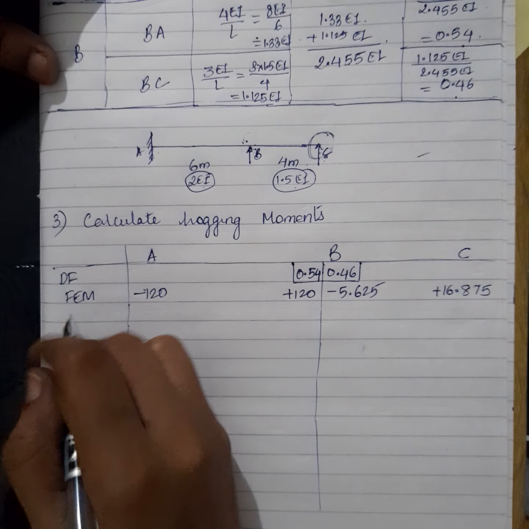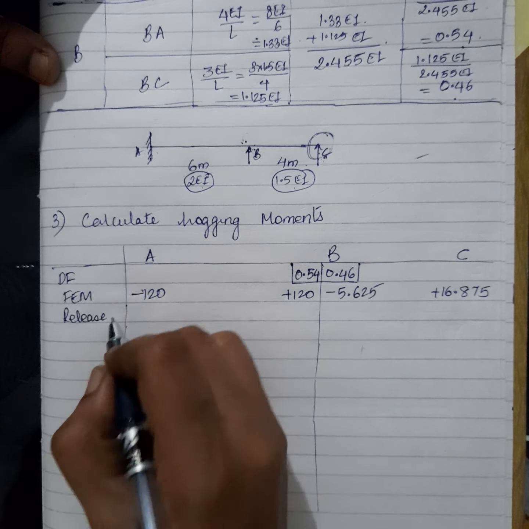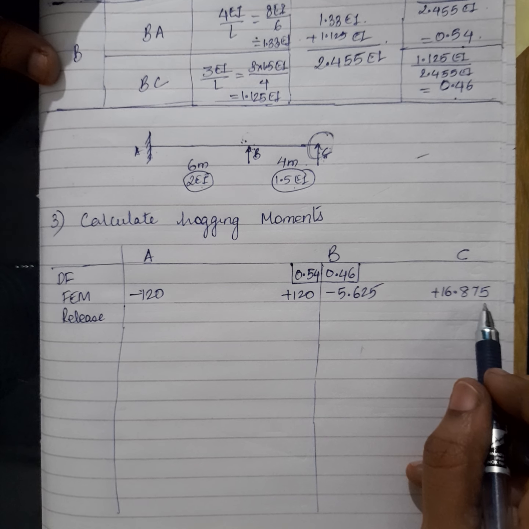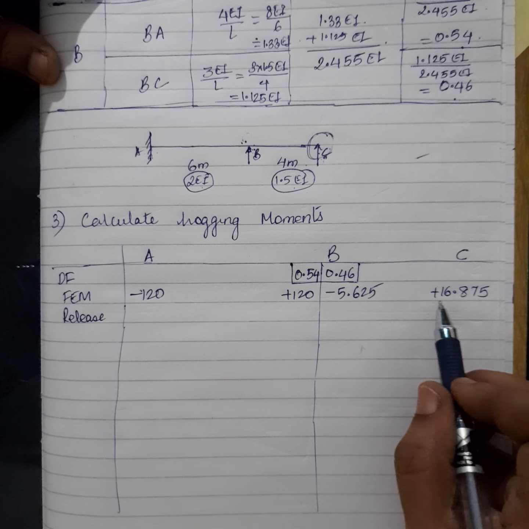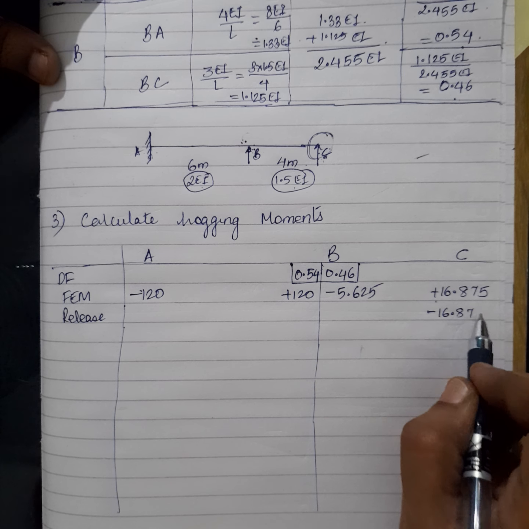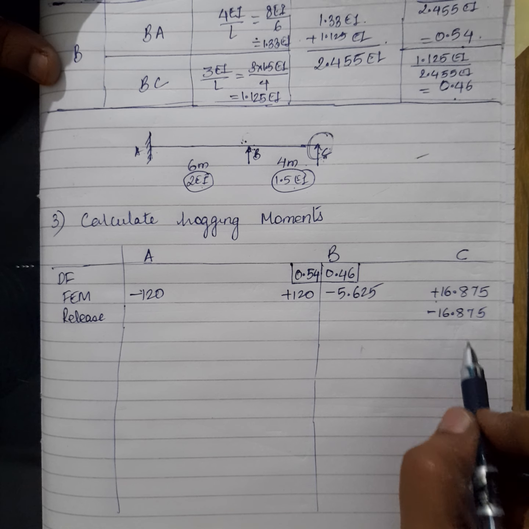So let us release this joint. How are we going to release? I'll write it here: release the joint C. To release this joint, we have to apply an equal value, that is 16.875, with opposite sign. So this is positive; to release that, negative 16.875. At this joint it becomes 0.